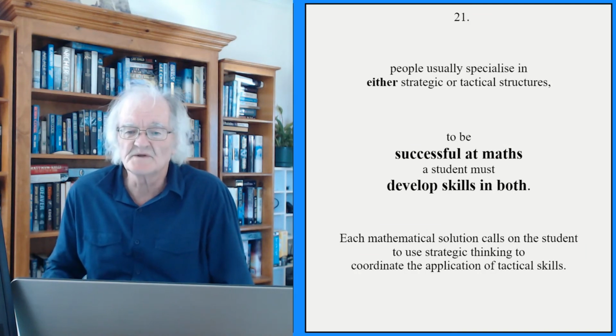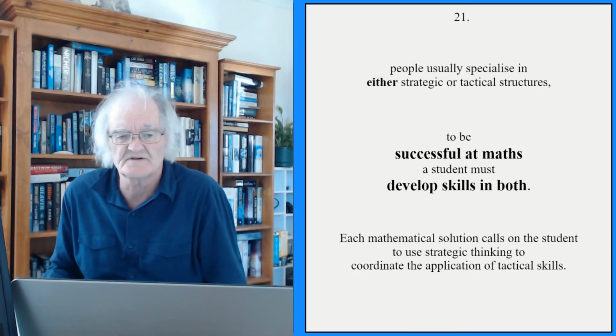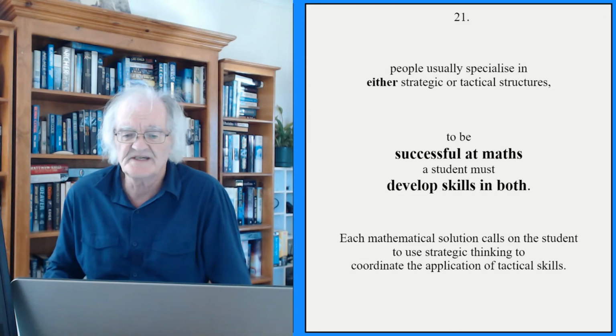People usually specialise in either strategic or tactical structures. To be successful at maths, a student must develop skills in both. Each mathematical solution calls on the student to use strategic thinking to coordinate the application of their own tactical skills.